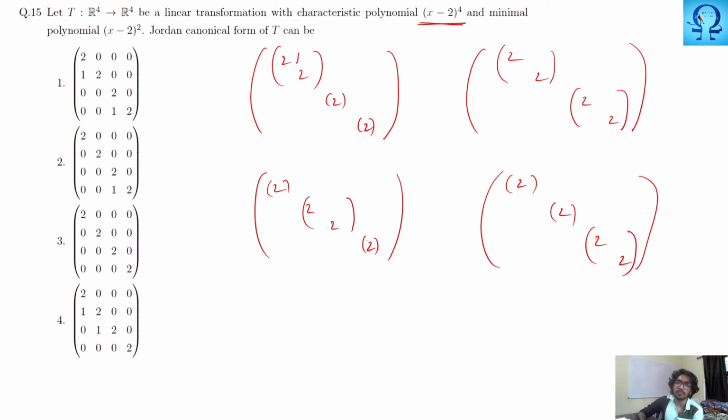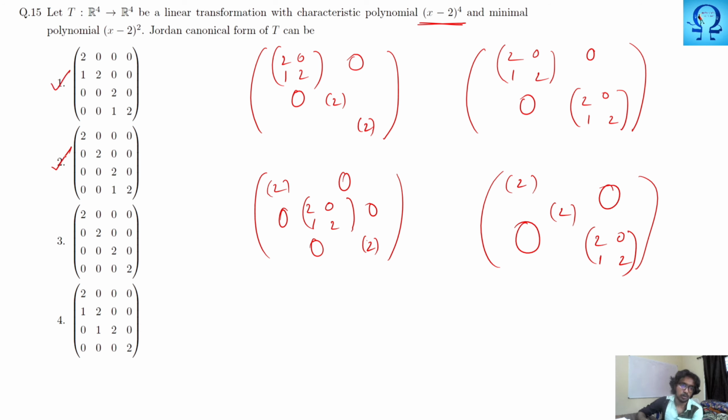So usually we place it here. In this question they placed it here. Okay, that's it. The rest you can fill with zeros and see which of the options are true. So if you check options 1 and 2, the other two cannot be possible, right?